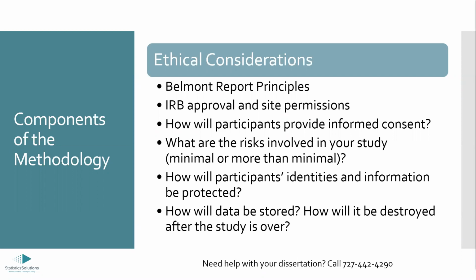So for qualitative research, you might do things like assign participants pseudonyms or participant identification numbers, and use that as you are analyzing and reporting your data so that you're not using participants' real names in your reports.